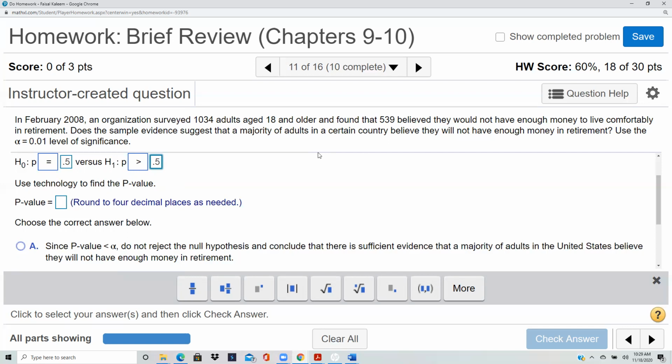So what are the options? Proportion stats, t-stats, and variance stats.